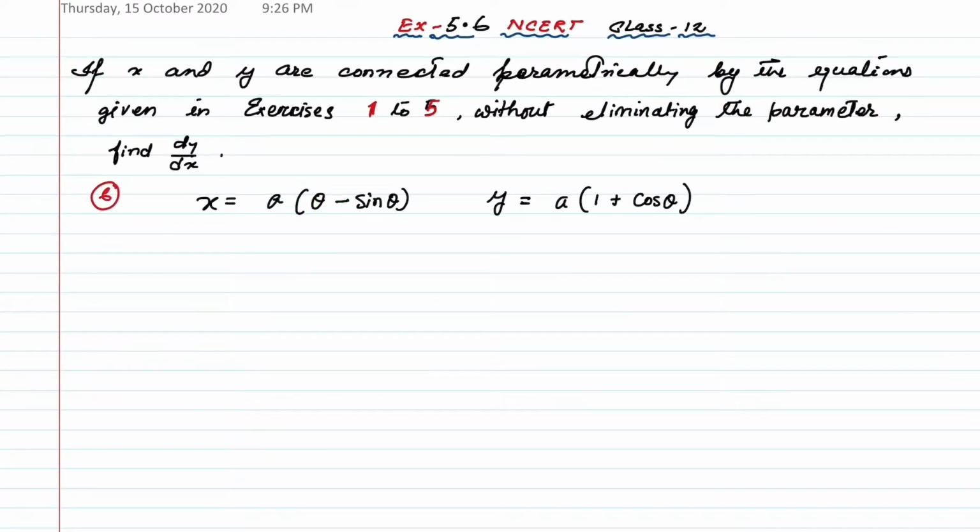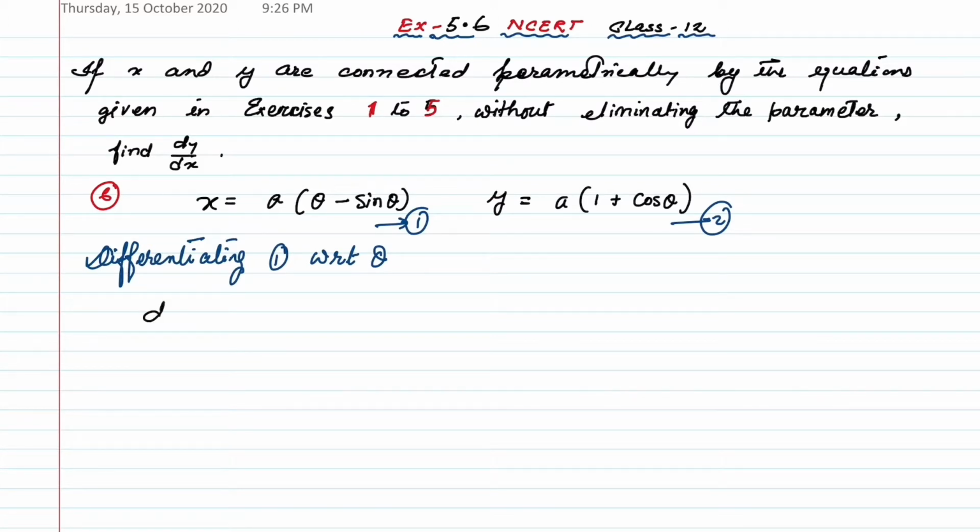Now let us solve question number 6. Suppose this is equation number 1, this is 2. Now let us differentiate 1 with respect to theta. So we get dx by d theta is equal to a, and the derivative of theta with respect to theta is 1, and the derivative of sine theta is cos theta, so we will get a times 1 minus cos theta here.